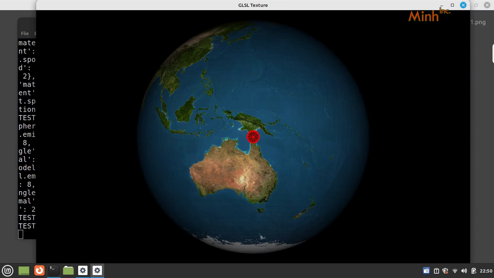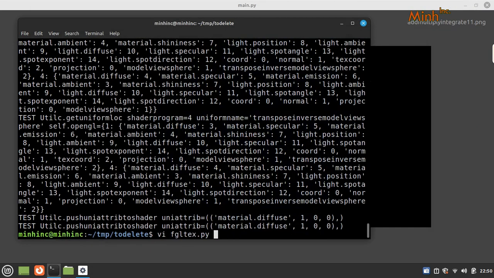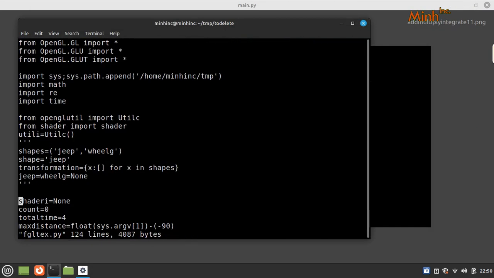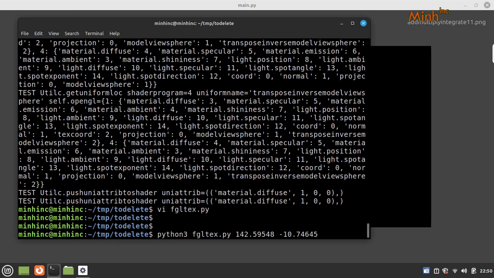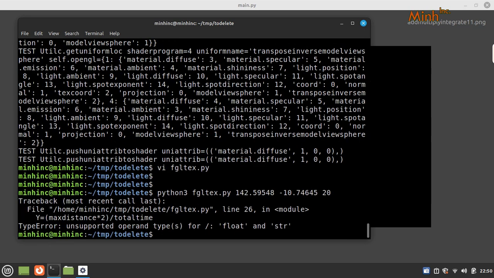Okay. If I make it configurable, in the sense that probably I can make it sys.argv3, and here we can set. So I can try for 20 seconds.